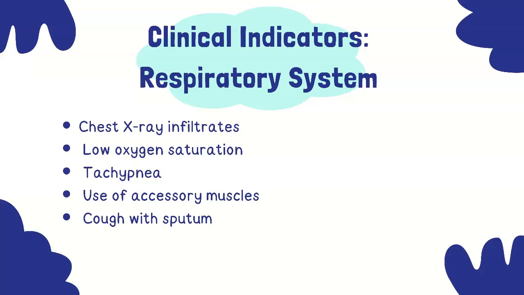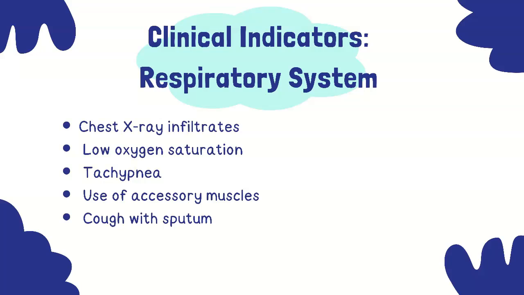So, low oxygen saturation levels, typically measured through pulse oximetry, can indicate hypoxia. So, if you think about respiratory failure, we have those codes with or without hypoxia. We also have tachypnea, also known as rapid breathing, which can indicate a respiratory diagnosis. Use of accessory muscles like the neck and the chest suggests increased work of breathing.